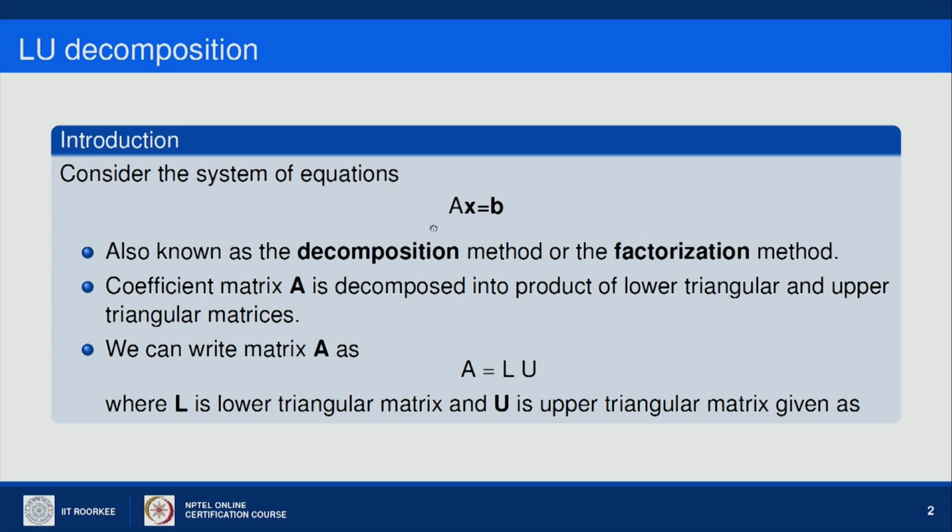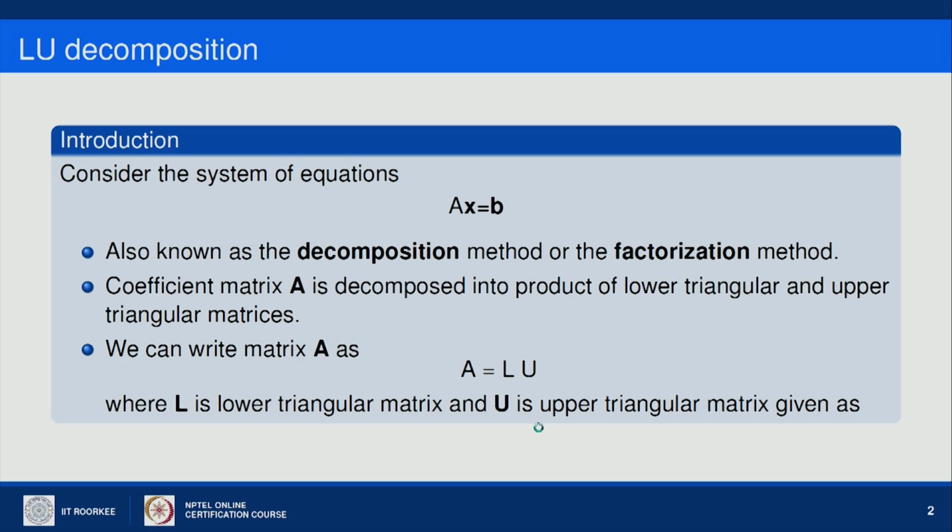So, the coefficient matrix A is decomposed or factorized into a product of a lower triangular and an upper triangular matrix, L and U. So, A equals to L into U. L is the lower triangular matrix and U is the upper triangular matrix.